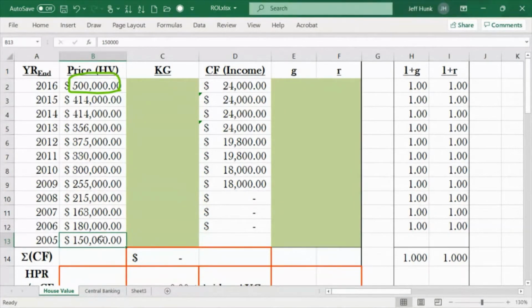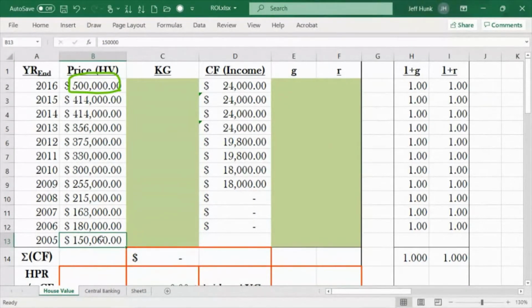So if we collect the annual data of the house values, during 2005, it doesn't matter how high it reached or how low it fell. But at the end of the year, where that house value stands, that's what matters, right?